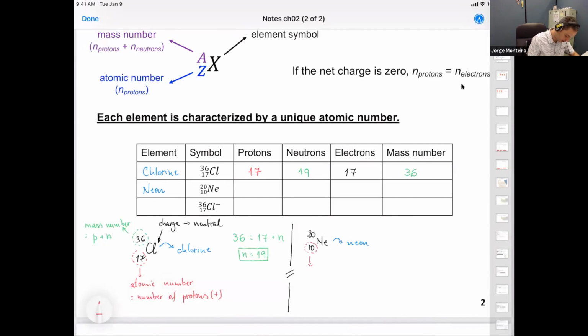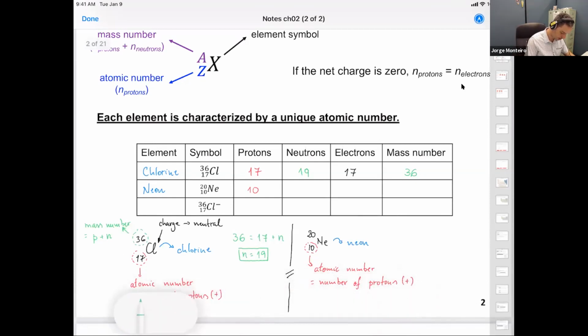So here again, we have atomic number. By definition, this is the number of protons. So therefore, we have 10 protons for this element. And it is the number of positive charges.